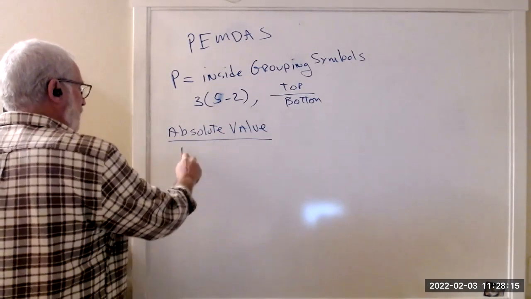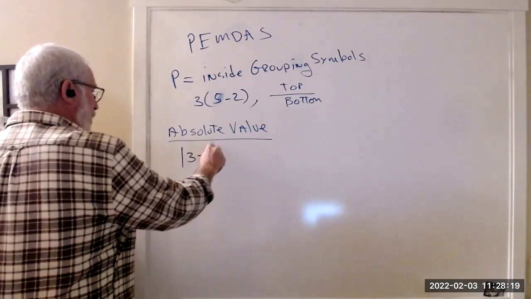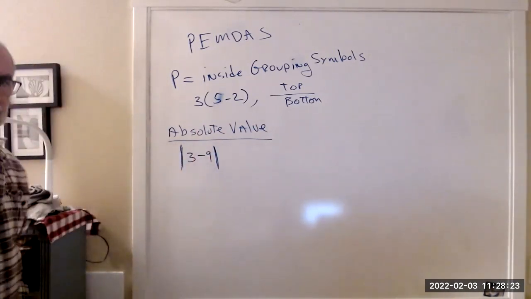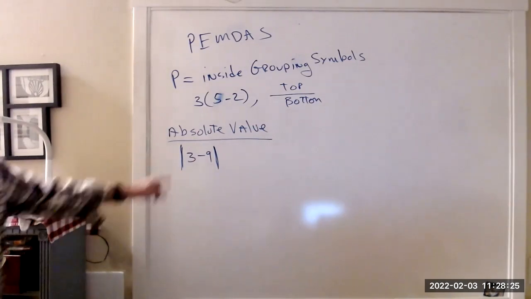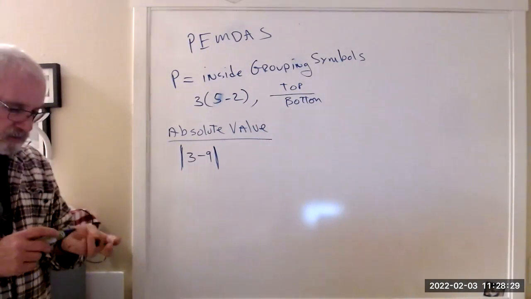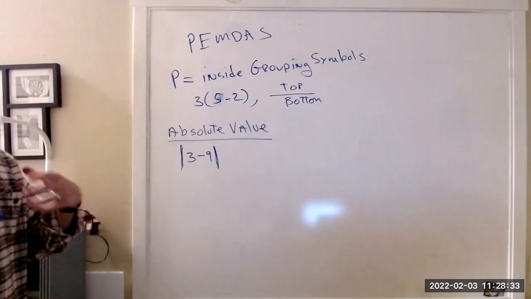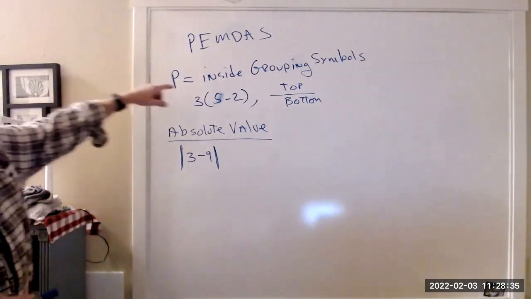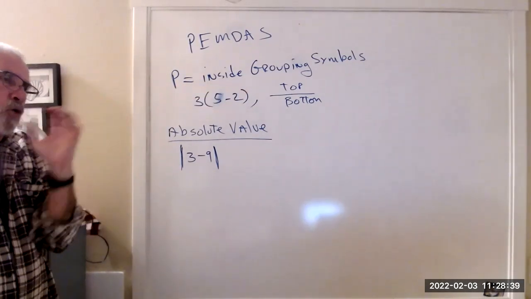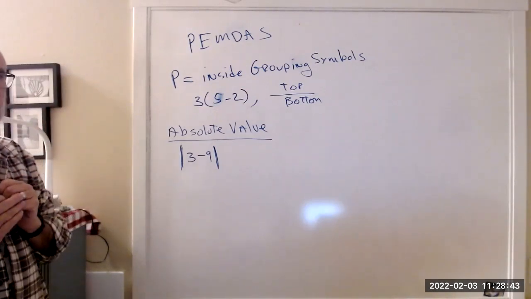It's like 3 minus 9 with bars around it. So those bars are called the absolute value. The absolute value of 3 minus 9. Now, absolute value, I claim, is like a super grouping symbol, because not only does it say group, but it does something special at the end.